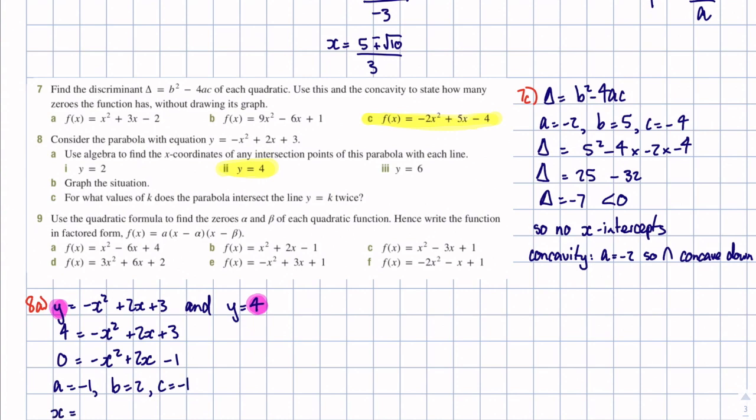So x equals minus 2 plus minus the square root of 2 squared take 4 times negative 1 times negative 1 all over 2 times negative 1, which is going to give me negative 2 plus minus, under that square root it's actually going to come out as 0 because I've got 4 and I'm minusing 4. So negative 2 over negative 2, x equals positive 1, only 1 intercept.